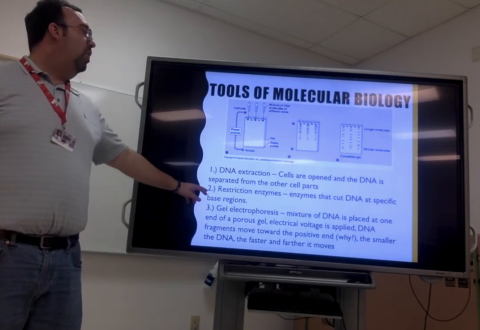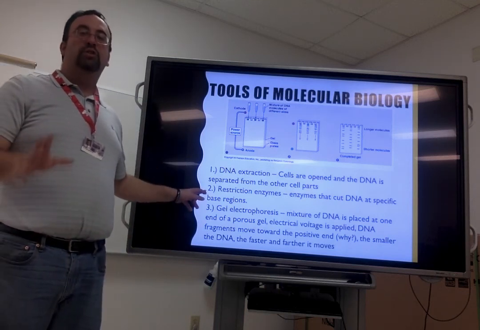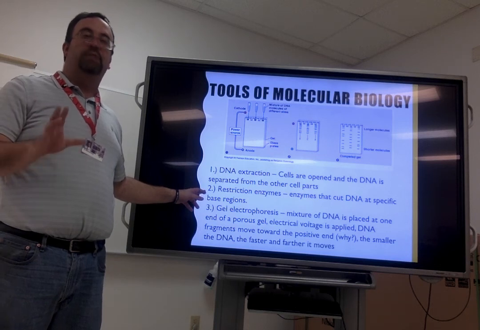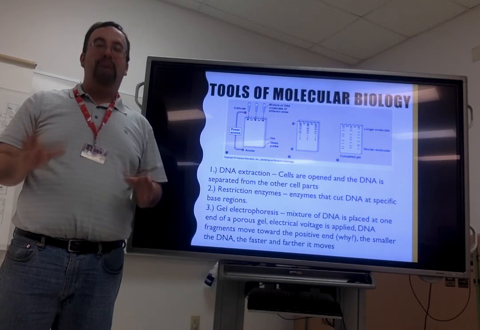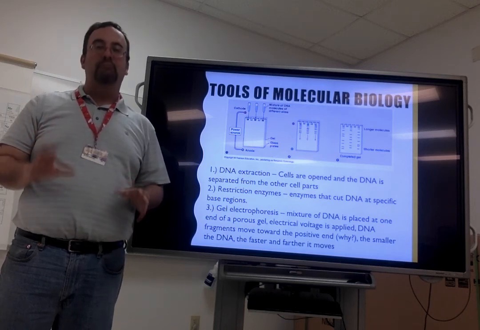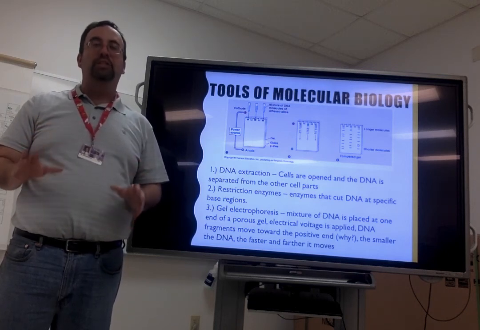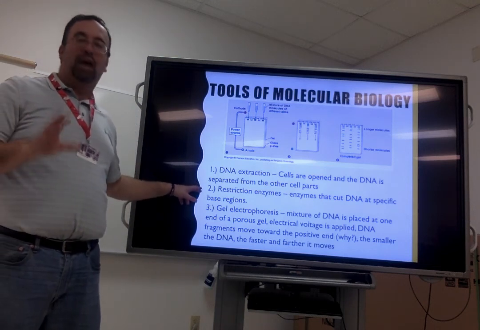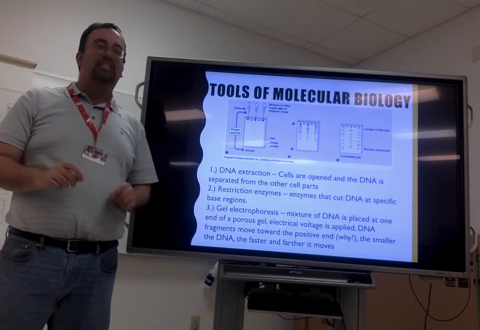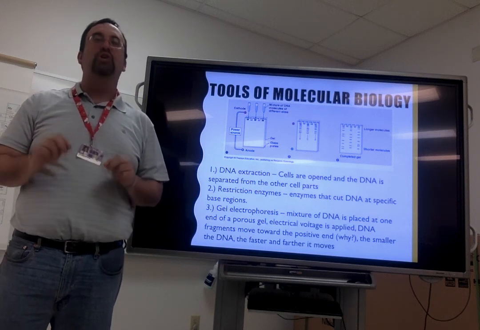All right. Then, in order to get to the specific DNA sequence of interest, we use a specific type of enzyme. Remember that enzymes are catalysts that are protein based. These enzymes will cut the DNA at specific base regions.